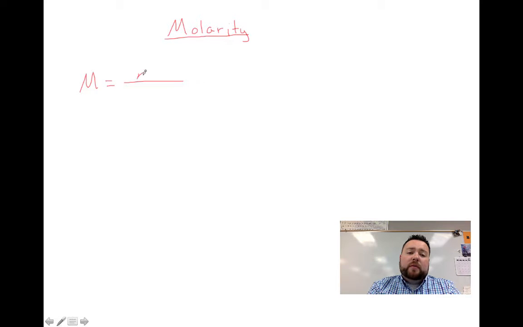It's the number of moles of a substance over the number of liters of a substance. So I could very easily turn this symbol of capital M into moles per liter.